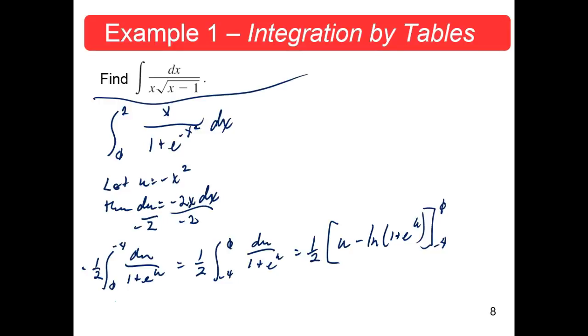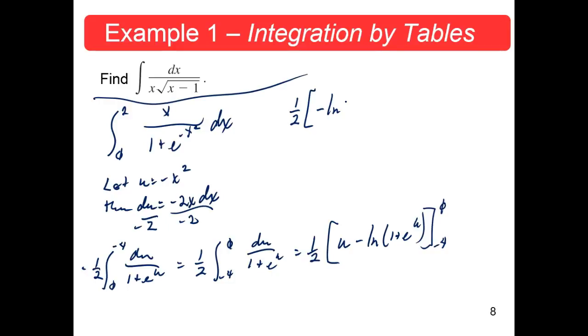All right, let's plug it and see what we get. I'm going to come up here and do it. 1/2, 0 minus the log of 1 plus e to the 0.